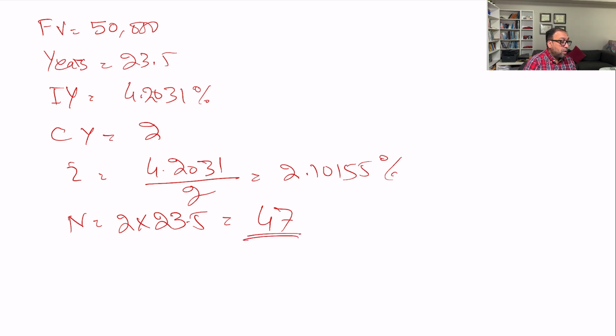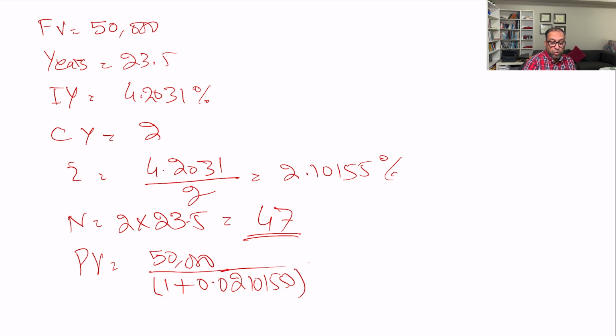Now, if we want to find the present value, it is 50,000 divided by 1 plus 0.0210155 exponential 47.